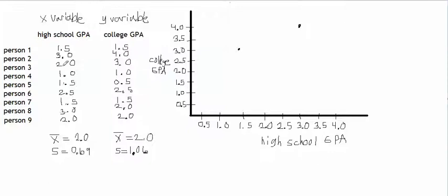Next person, person 3, had a high school GPA of 2 and a college GPA of 3. Next person was 1 and 1.